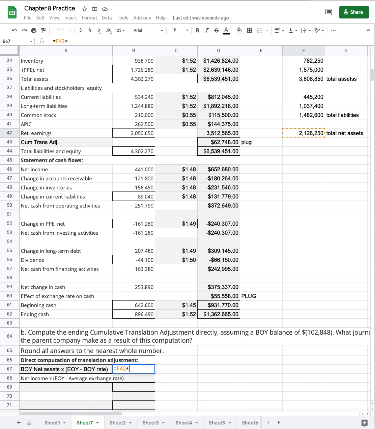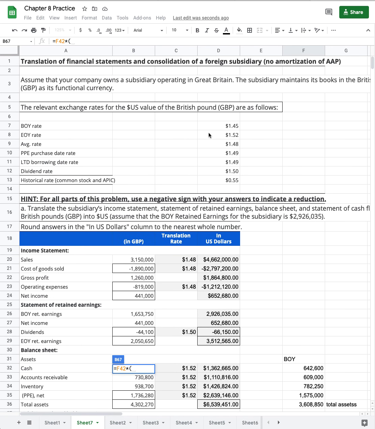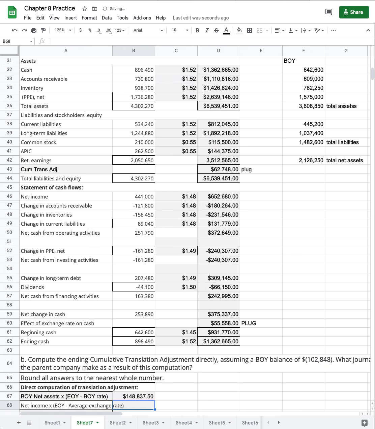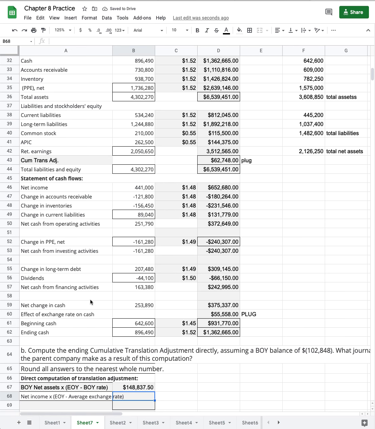And so we can use that to multiply by the end of year rate minus the beginning of year rate. And these are supposed to be rounded as well, so we'll put the round function in. Okay, next we have the net income times the end of year rate minus the average exchange rate.